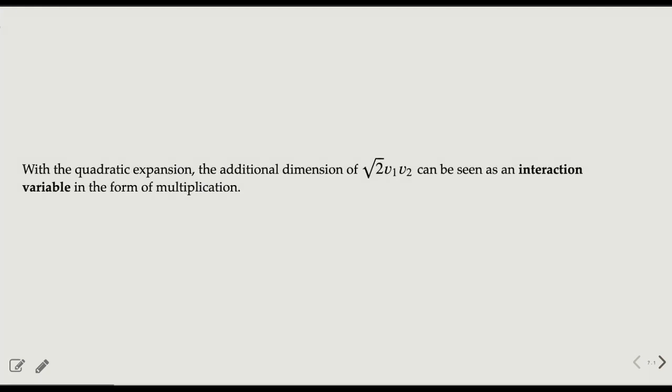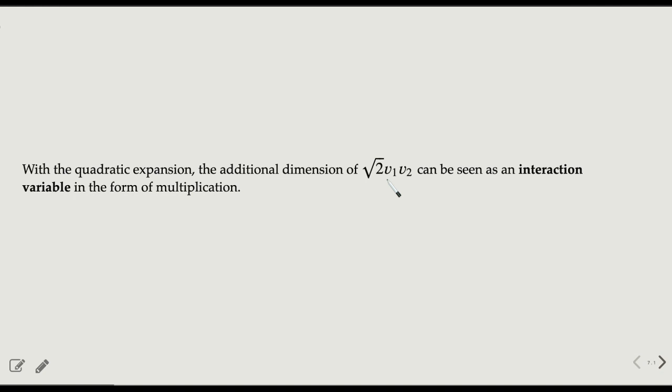So let's include the additional dimension of V1 times V2 in a quadratic transformation. This product of V1 and V2 can be seen as an interaction variable in the form of multiplication.